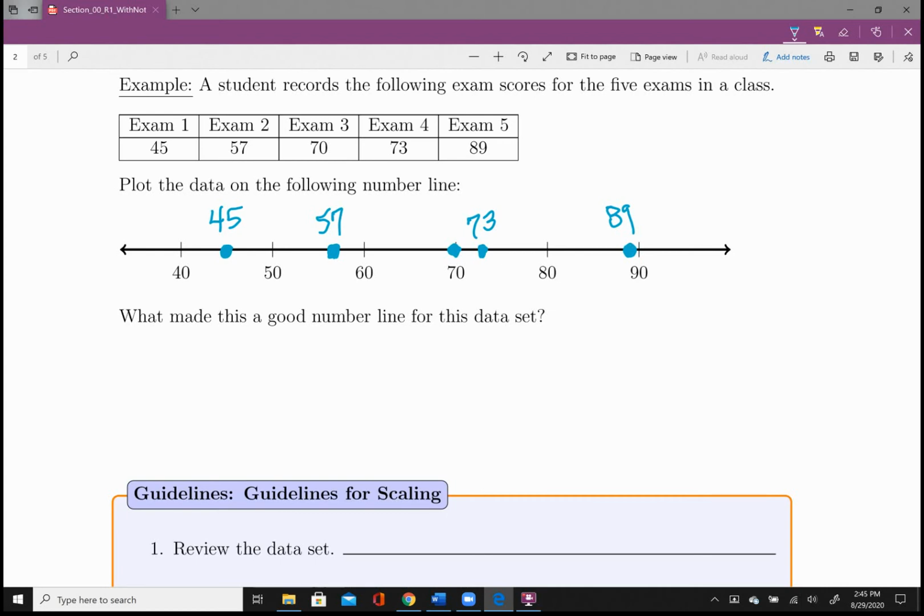Now, let's answer this question about this number line. What made this a good number line for this data? Well, you'll notice that all of the data points are spread out really well on the number line. So I'll say the number line range allowed for nice spread of the data.